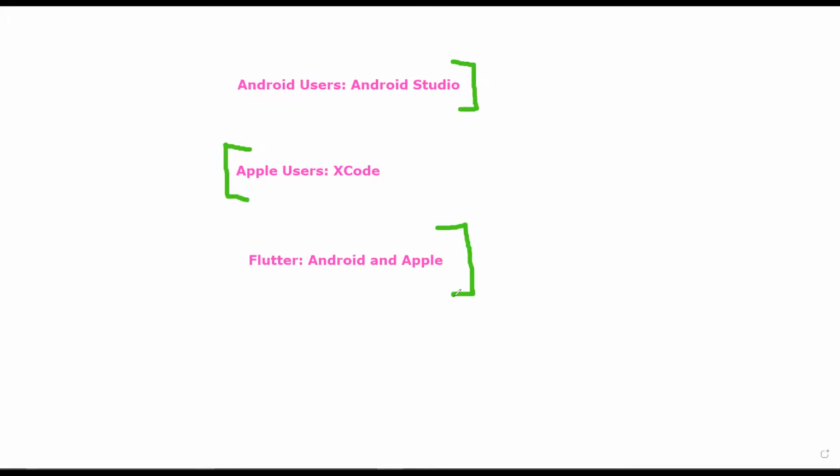It can be run on both platforms, but it's not native. Native means native applications work exactly as they're meant to. Like Android Studio, the application made from Android Studio works perfectly, or else they give you a better experience than making it anywhere else. While applications built using Xcode can give you an even better touch on all the Apple phones.